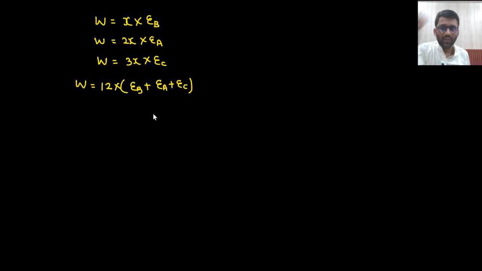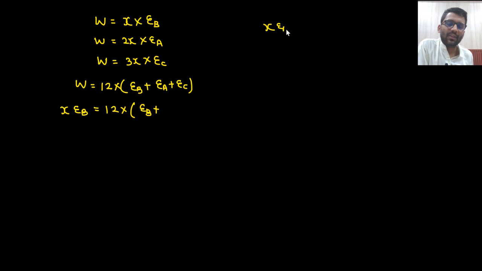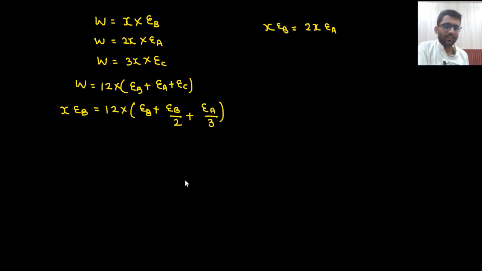Work is equal to x into EB as well, and 12 into EB I keep as it is. EA can be replaced with EB by 2, because the efficiency of A is half of B. The efficiency of C is 1/3 of B.